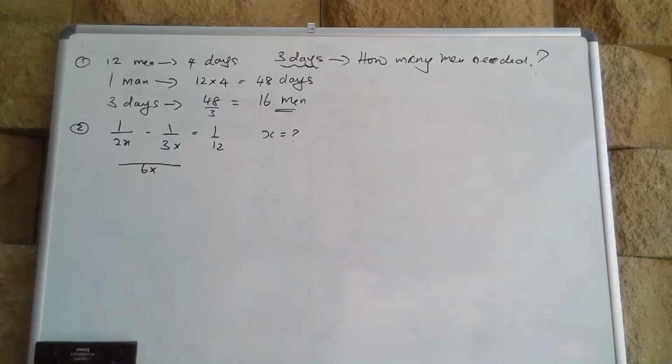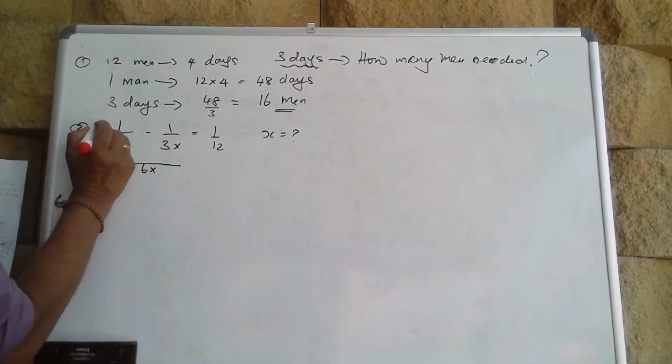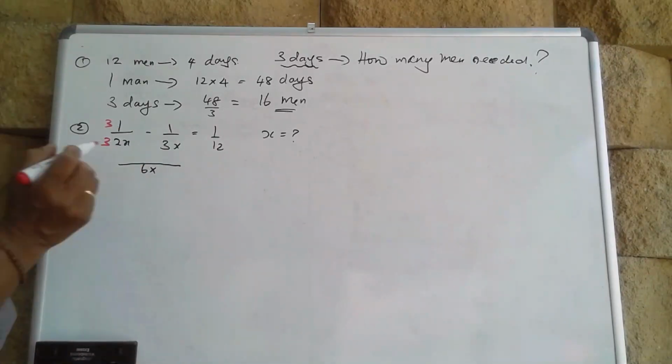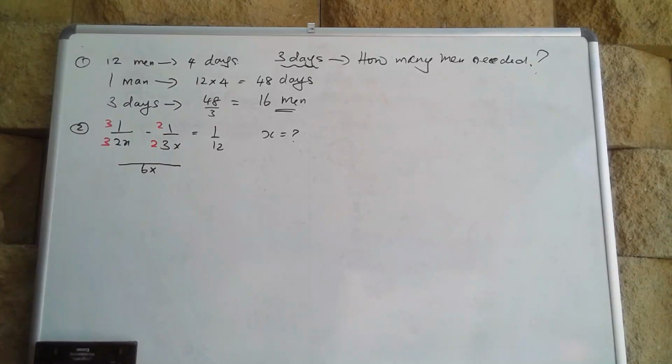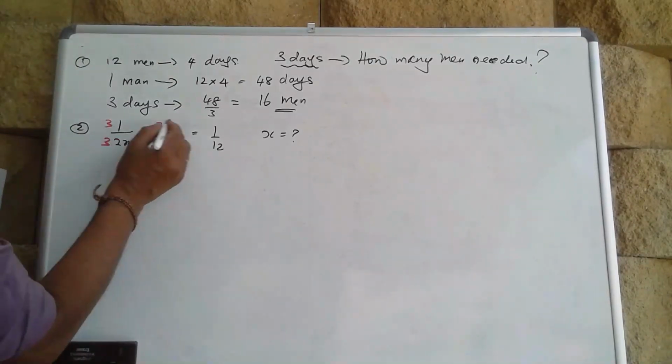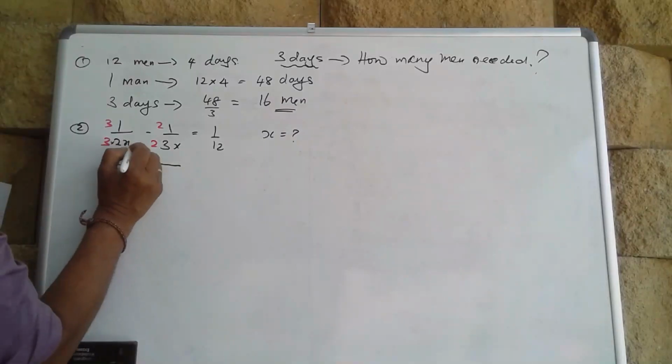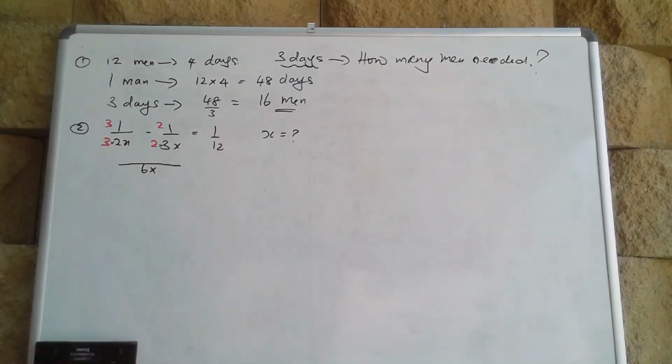Therefore, to make the denominators equal, you multiply by 3 and 2. That will make 6x. So now, look at this, 3 times this gives 6x, and 2 times this gives 6x. So the denominators are equal.